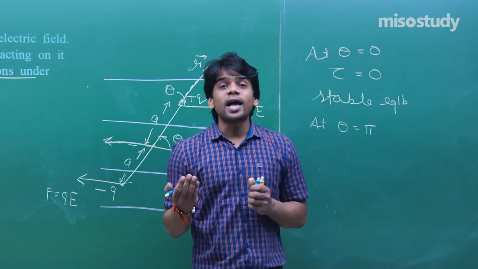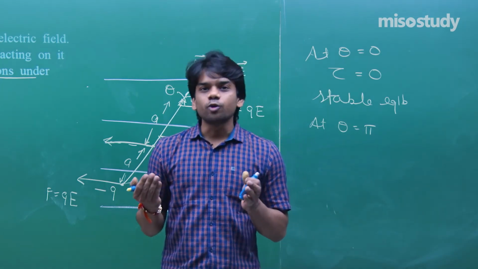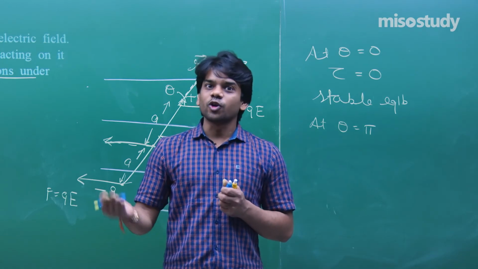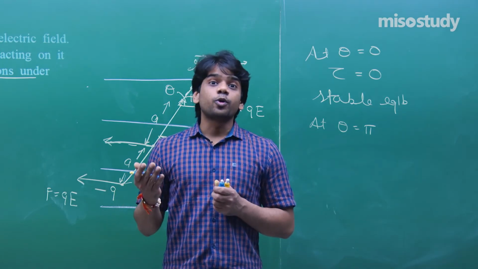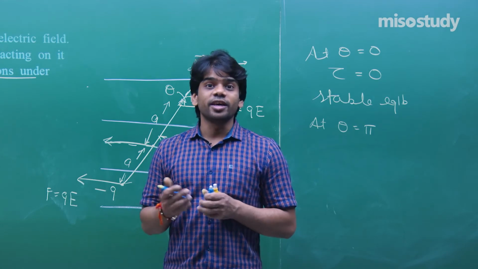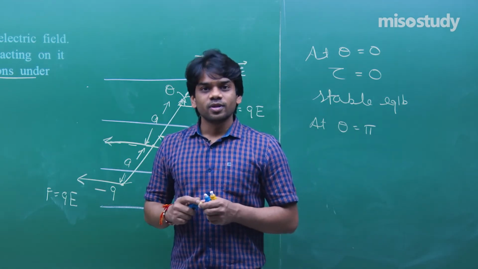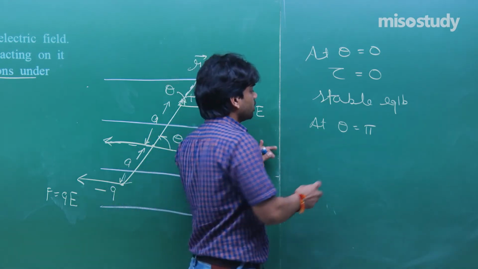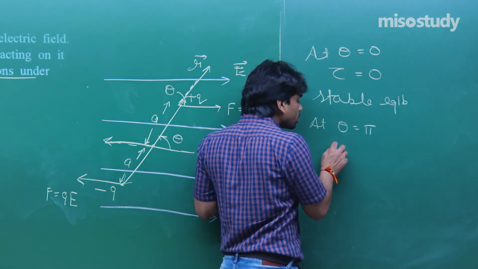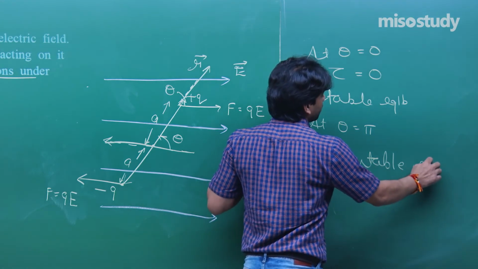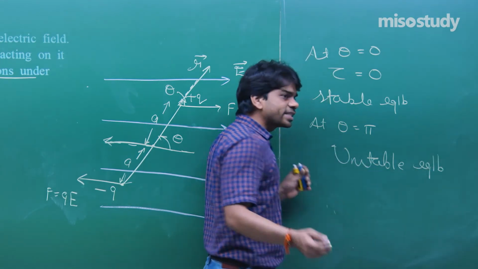We are also evaluating this equilibrium case with respect to the potential energy. If you can recall, the potential energy will be maximum when you rotate it by 180 degrees. So in that case, it will be a case of unstable equilibrium. Why unstable?